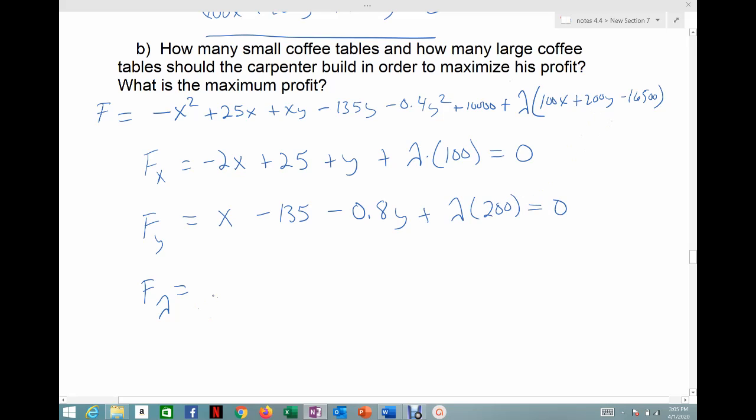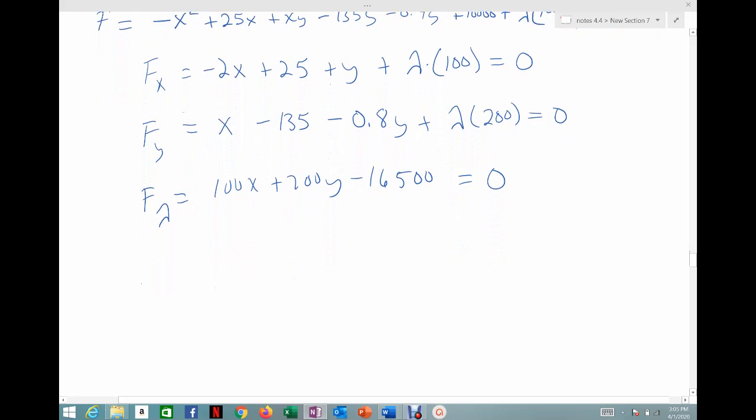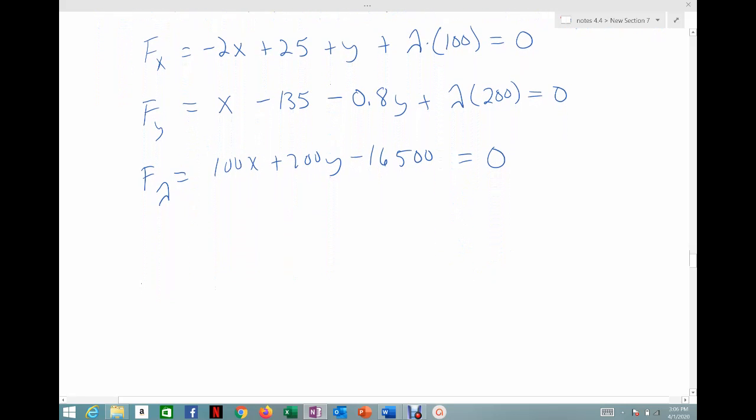Right? And then the derivative of the Lagrange part is just 1, and then times the constraint equation. So it's 100x plus 200y minus 16,500, set equal to 0. And there's my system.